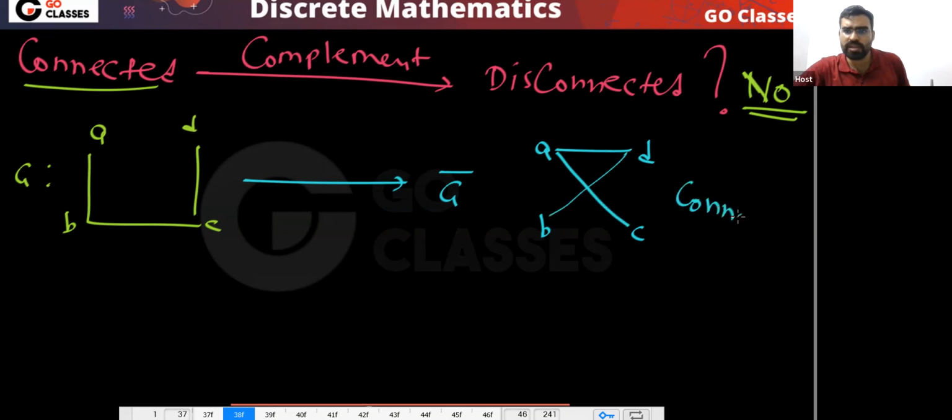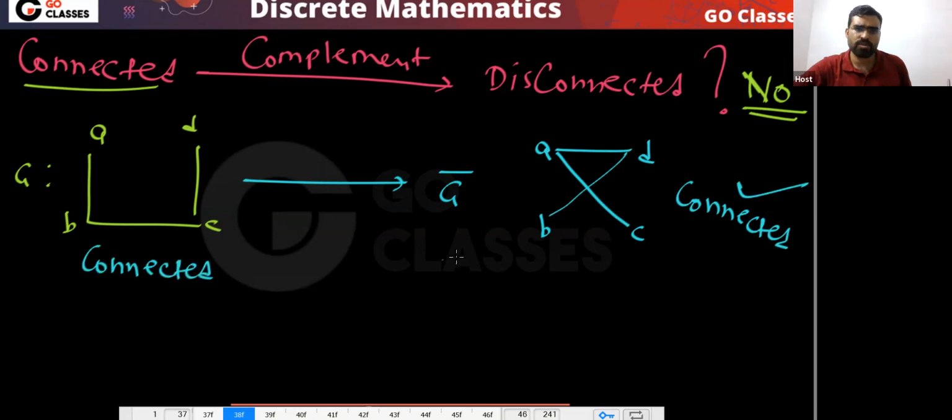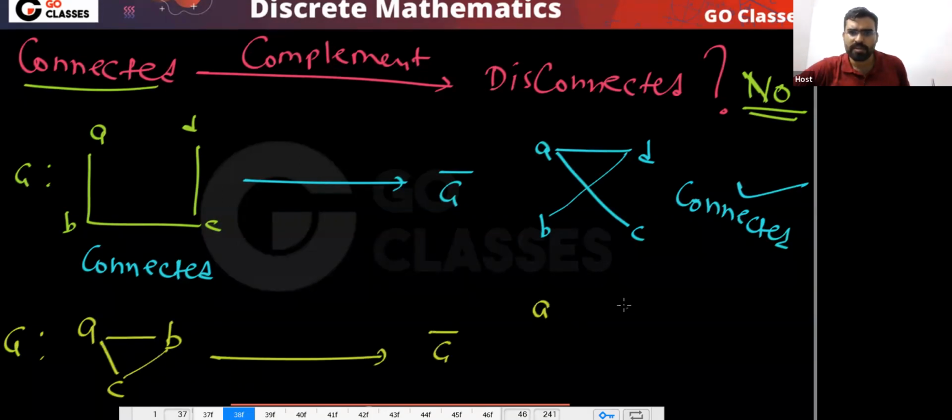So I can say that a connected graph's complement need not be disconnected. And can I say a connected graph's complement is connected? Like if I give you this connected graph, for example, A, B, C, then what is G complement? G complement will be disconnected.